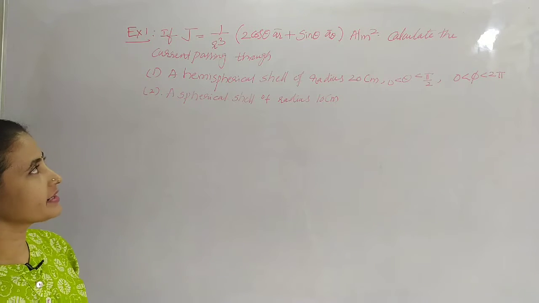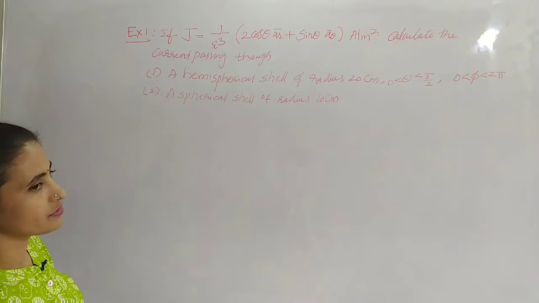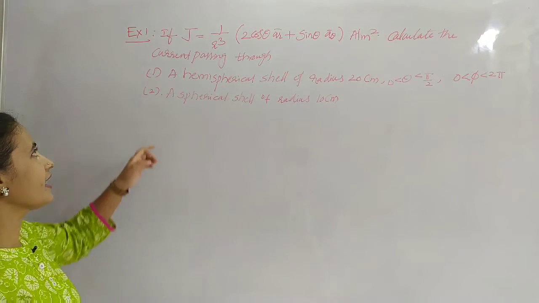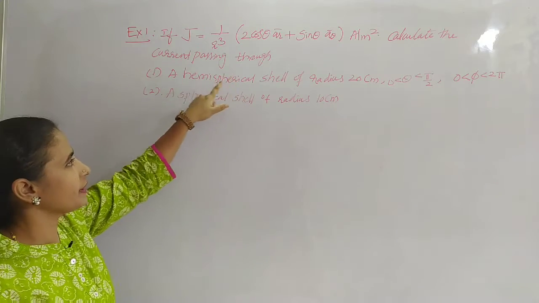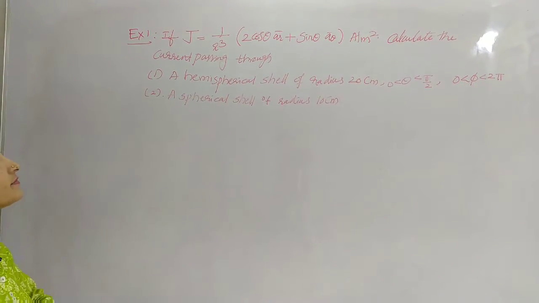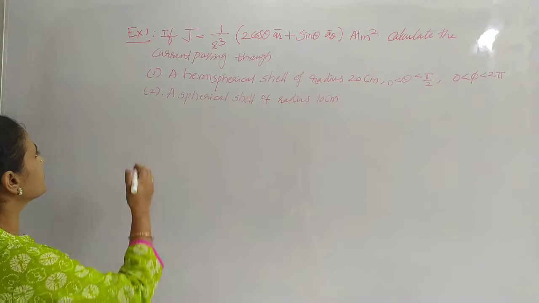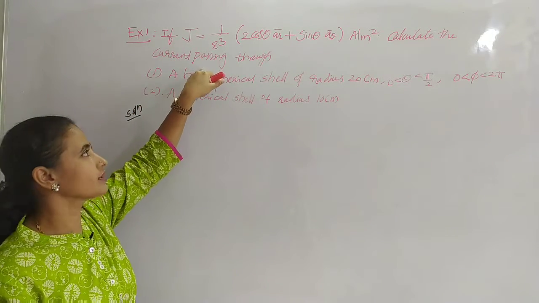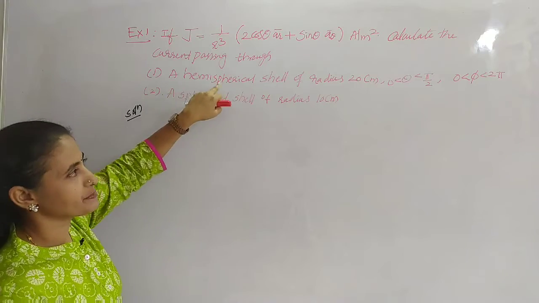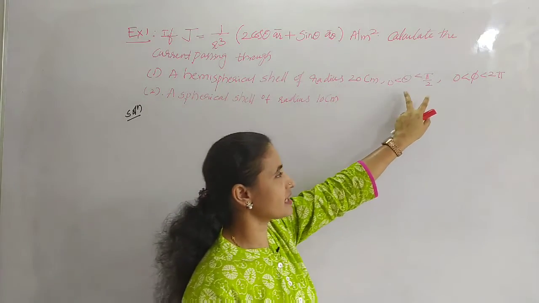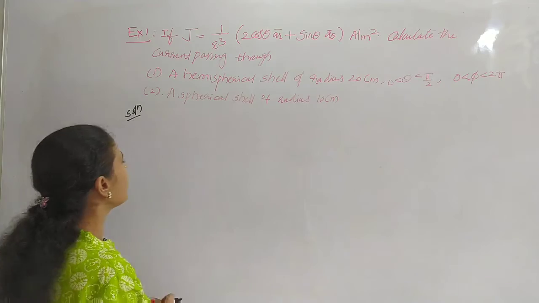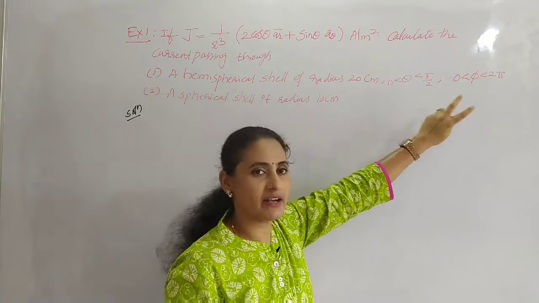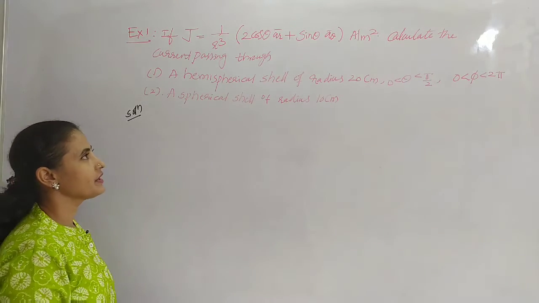Current density is given as 1 by r cubed times 2 cos theta a_r plus sin theta a_theta, and we are supposed to calculate the current passing through one hemispherical shell and one spherical shell. The first is a hemispherical shell with a radius of 20 centimeters with these dimensions of theta and phi, and the second is a spherical shell with a radius of 10 centimeters with the same dimensions of theta and phi.